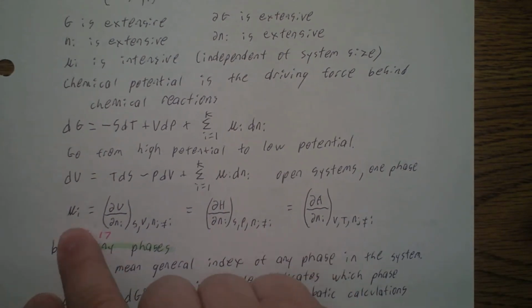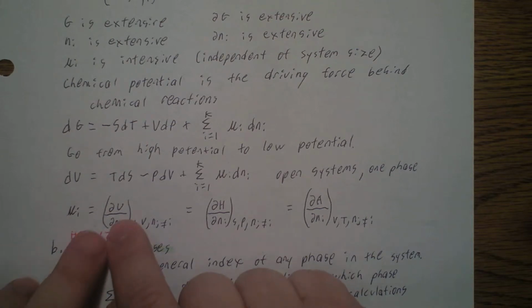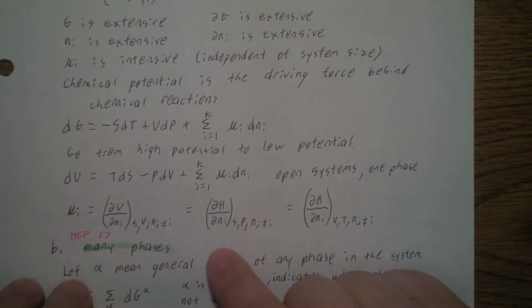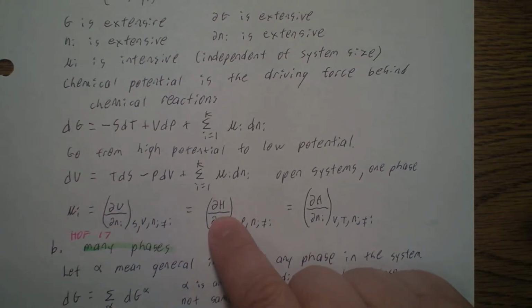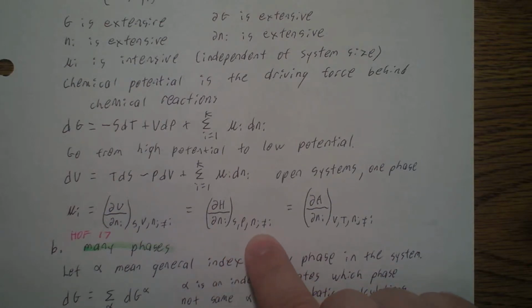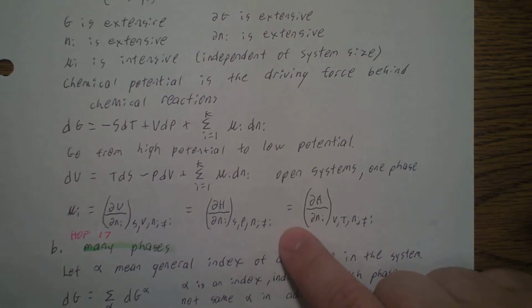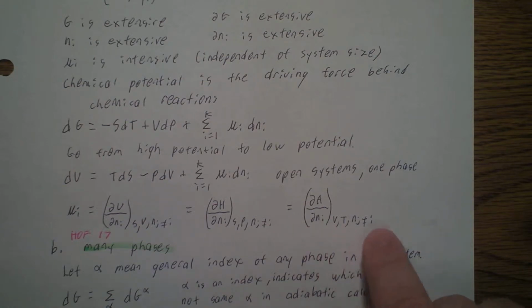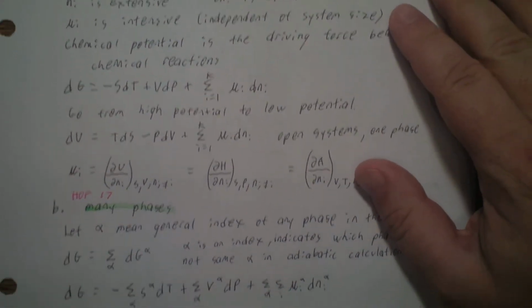So the chemical potential of i is going to be equal to the partial derivative of internal energy with respect to the number of moles of i, holding entropy, volume, and the number of other substances constant. And it's also equal to the partial derivative of enthalpy with respect to the number of moles of substance i, holding entropy, pressure, and the other substances constant. And it's also going to be equal to the partial derivative of the Helmholtz free energy with respect to the number of moles of i, holding volume, temperature, and the other substances constant.